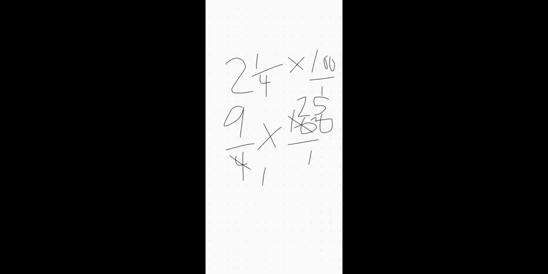It's a mixed number. Now, we can't work with it like this. We have to change it to improper fraction, and I just explained how. You first take the denominator, which in this case is 4, multiply it by the whole number, which in this case is 2. And you told me that the answer was 8, isn't it?